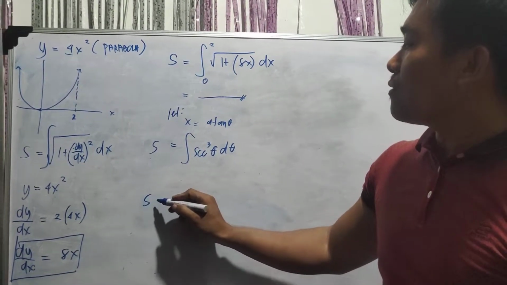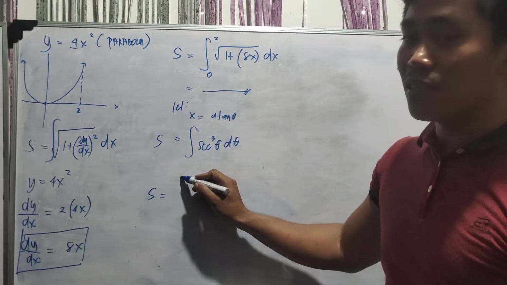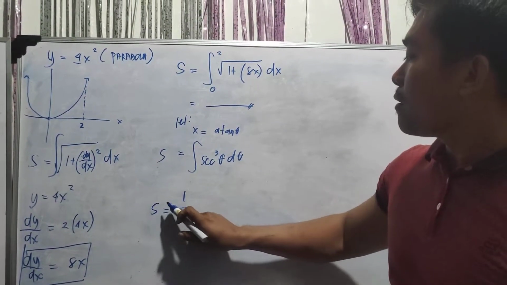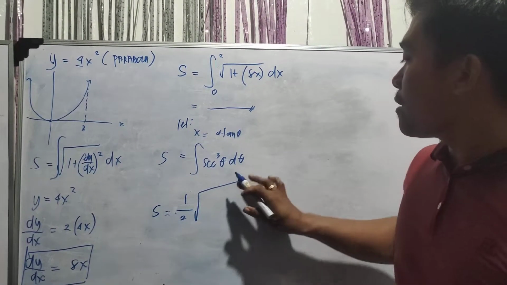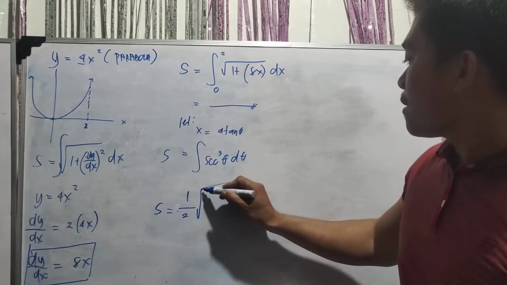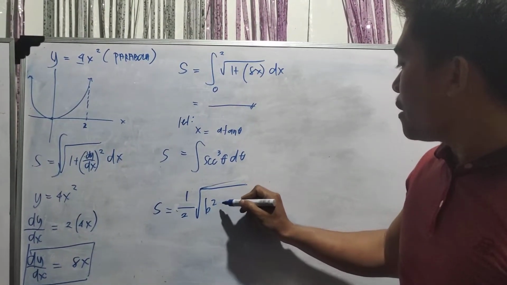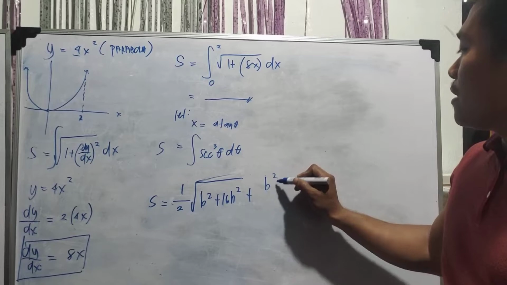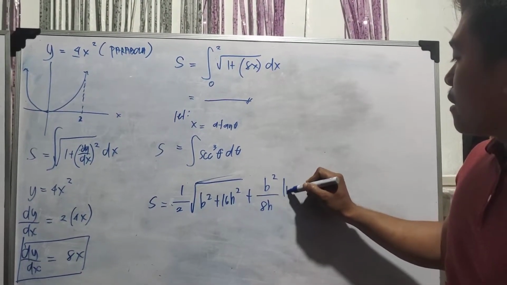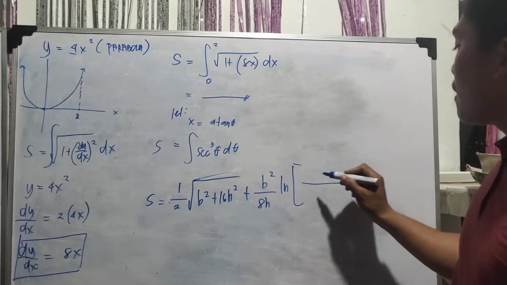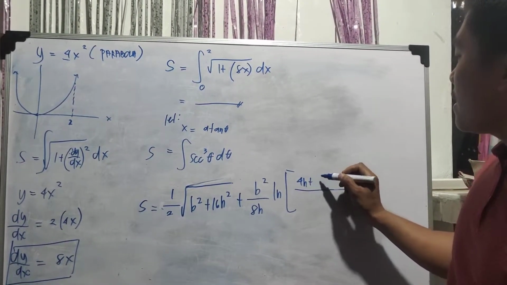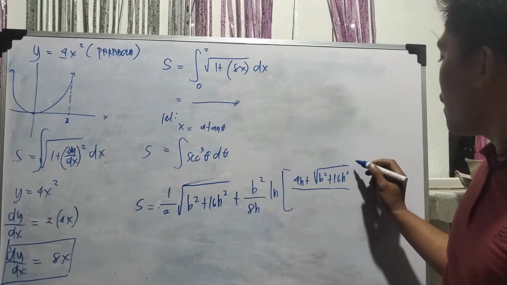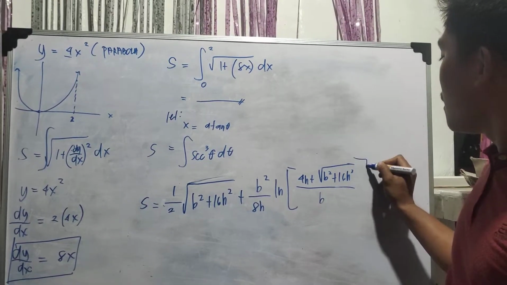The length of the curve is, of course, 1/2 the square root of b squared plus 16h squared, plus b squared over 8h times the natural log of the square root of 4h plus the square root of b squared plus 16h squared, all over b.